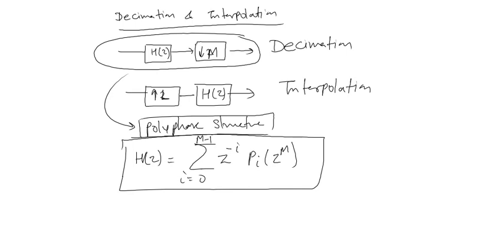Okay, and we saw an example also for the two-component polyphase decomposition, and last time we saw some building blocks, right? We can interchange some of the components. For example, you can interchange a decimation and a multiplier.